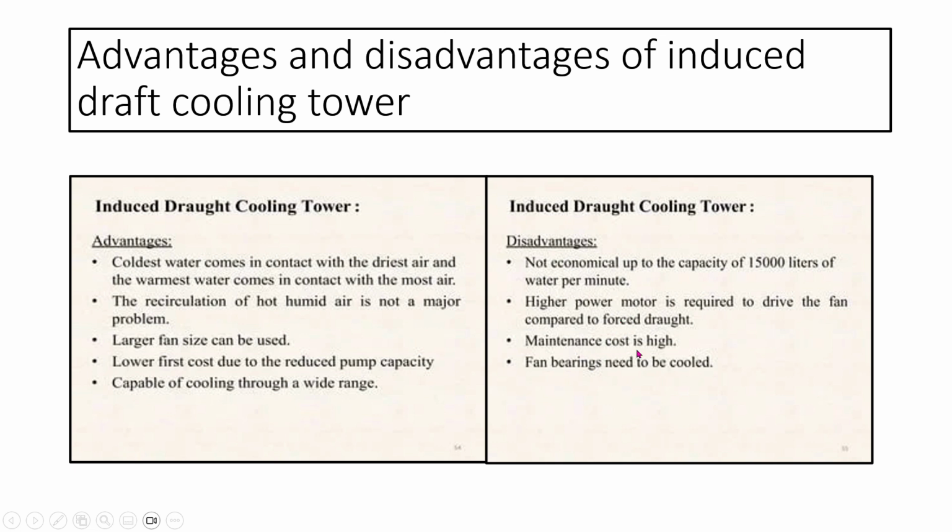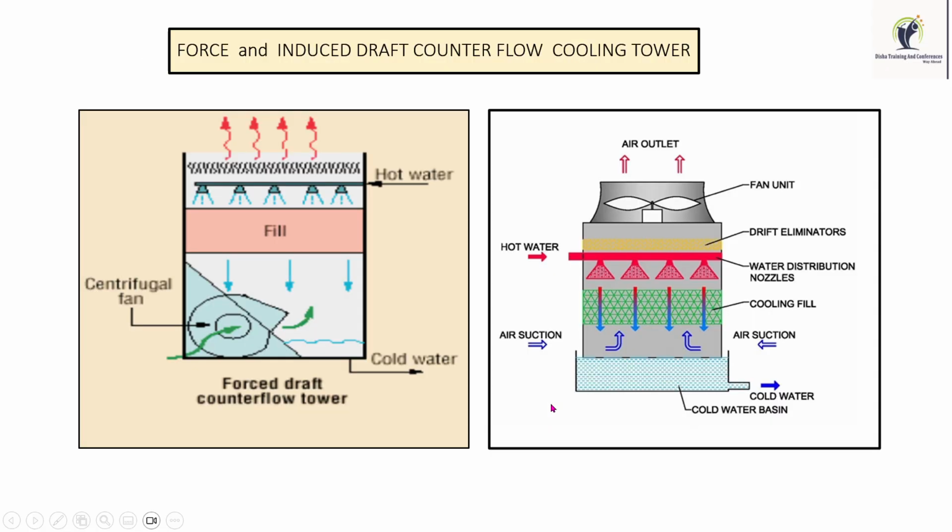Then maintenance cost is high because the fan will always come in contact with the moist air. So erosion will be there. If you see, the fan when it is running comes in contact with the water, also water droplets, moist air. So erosion will be there.